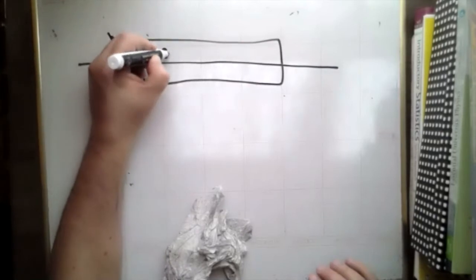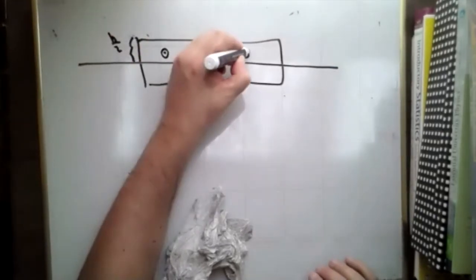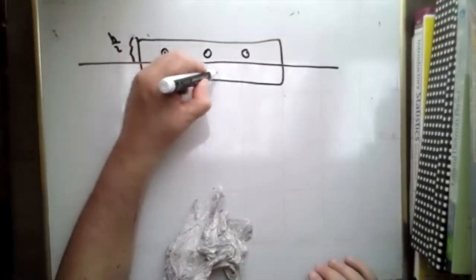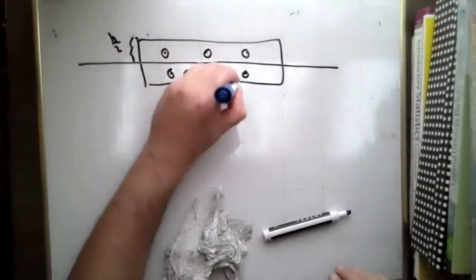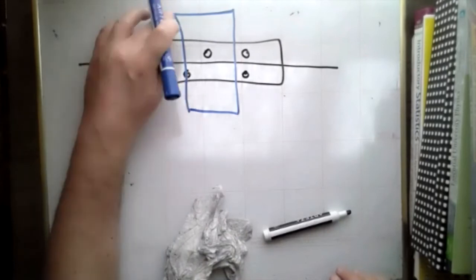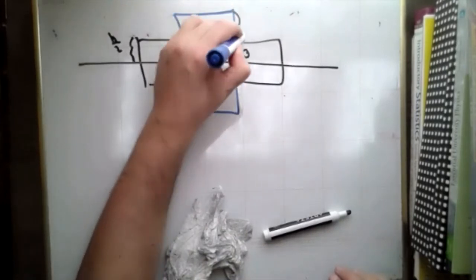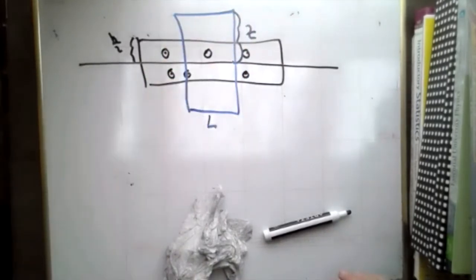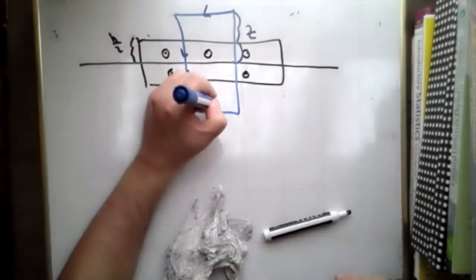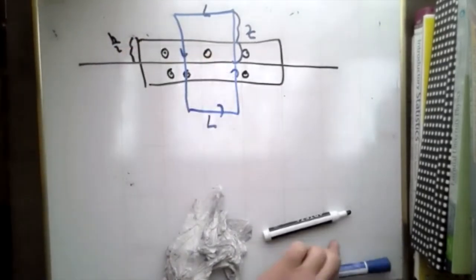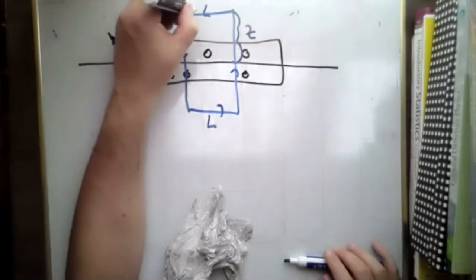My currents are flowing out toward my eyeballs. I'm going to draw an Amperian loop that extends out past the current that's flowing. I'm going to go around counterclockwise. We can get through this one a lot quicker.